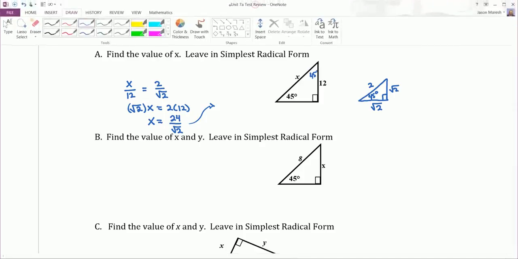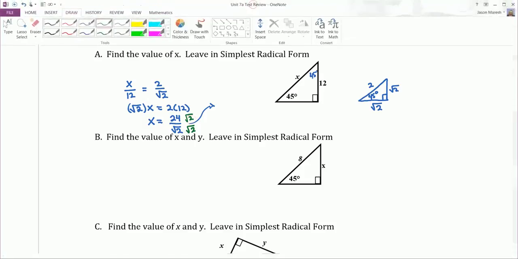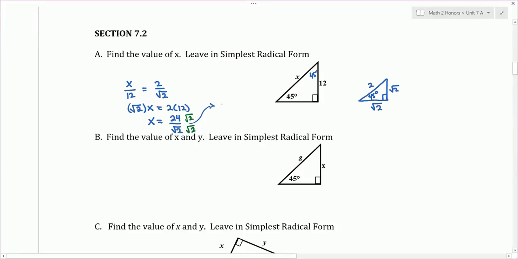So I'm going to multiply the numerator and the denominator by square root of 2 to rationalize the denominator. And I get 24 times the square root of 2 over 2. And then I'm going to reduce that. 24 divided by 2 is 12. And so we end up with 12 times the square root of 2 is the length of x.